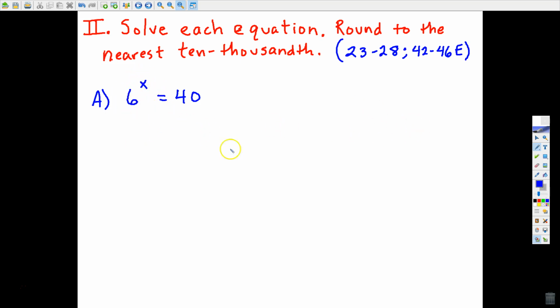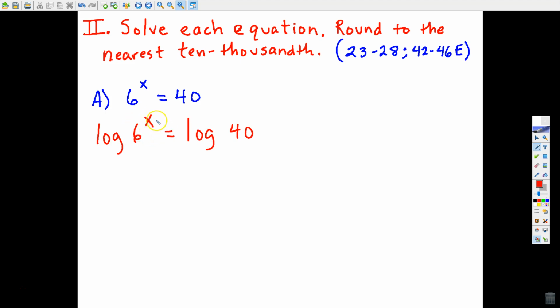To solve exponential equations, I'm going to convert them into log equations, and that looks like this. I'm going to do log, the common log, on both sides of the equation. This process is very repetitive. You're going to do this basically every single problem. As long as I do the same thing to both sides, I'm equivalent, and I did the log on both sides of the equation.